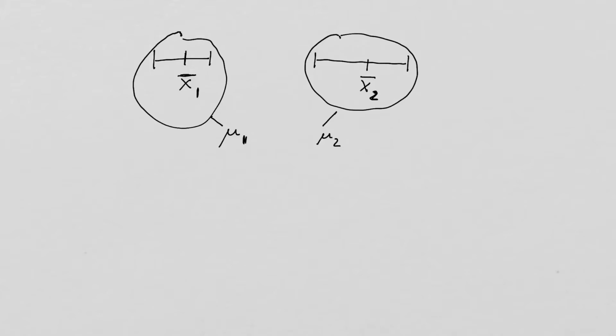And the way it is drawn here, our prediction for the mean of population 1 and the mean for population 2 are very different. So that immediately indicates that we are talking about two different populations.